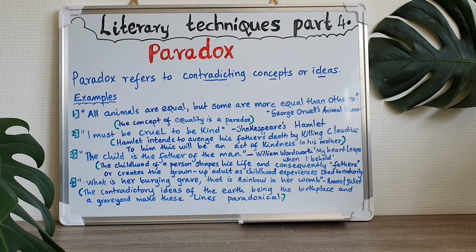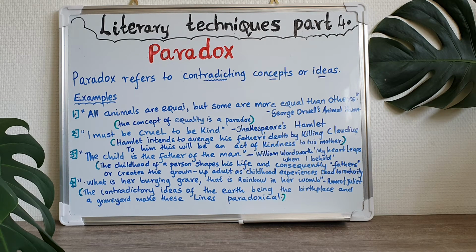So he wants to revenge his father's killing by the current king, that is King Claudius, who is actually, as you may know, the brother. In other words, King Claudius is his uncle. But his uncle has now married his mother. So Hamlet says he intends to revenge his father's death by killing Claudius, because to him this will be an act of kindness to his mother.